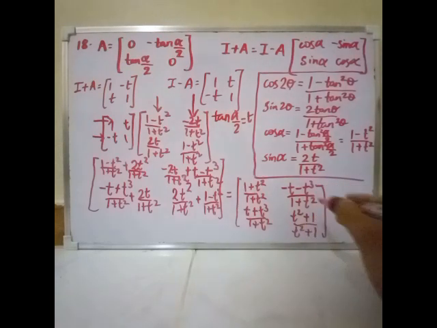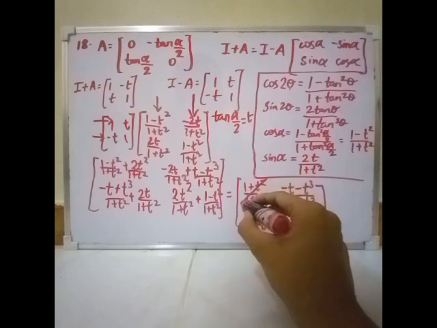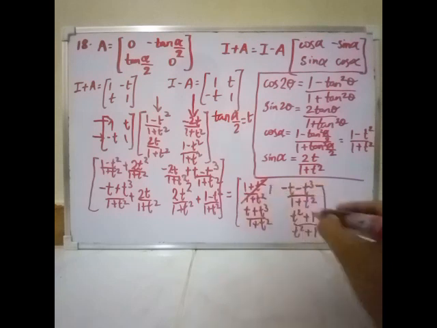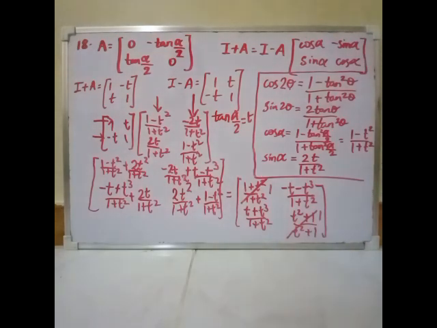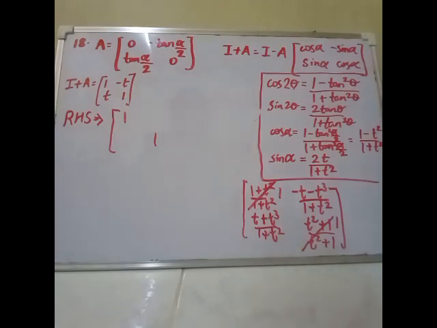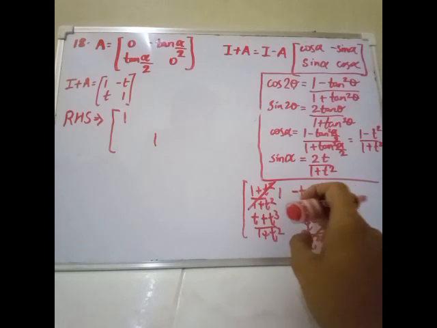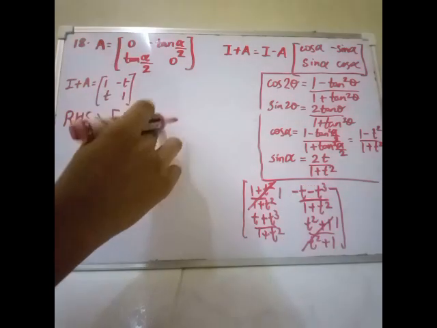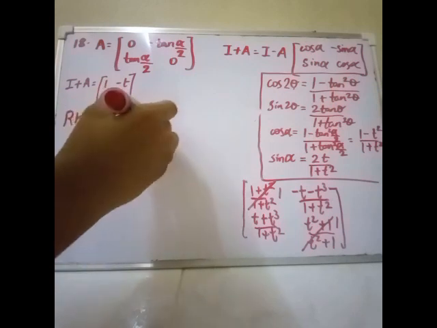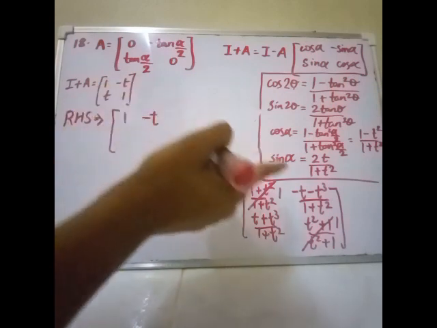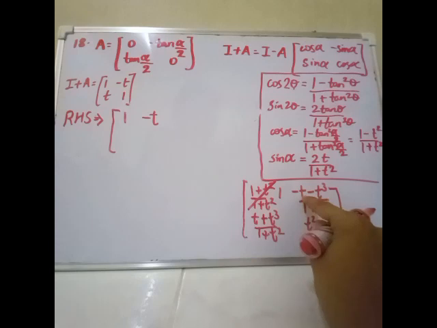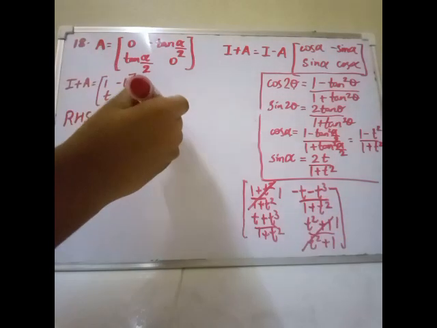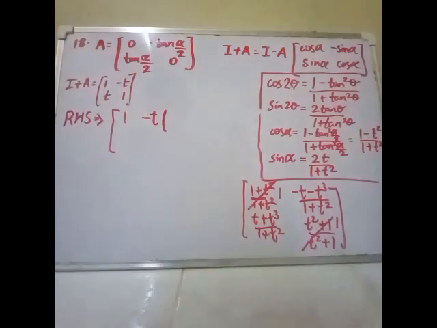So if you check here, this numerator and denominator are the same, so the answer would be 1 here, and here also the answer would be 1. So as we were doing here, we can take the minus out common, and t also we can take out. This also has t, and this also has t. So whatever will be left, it would be 1.